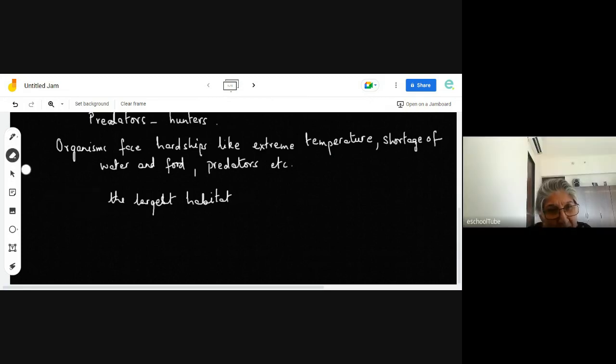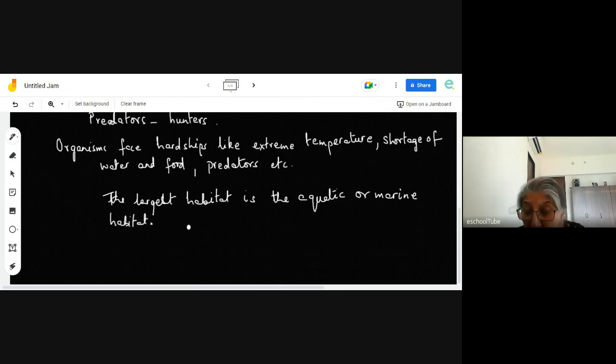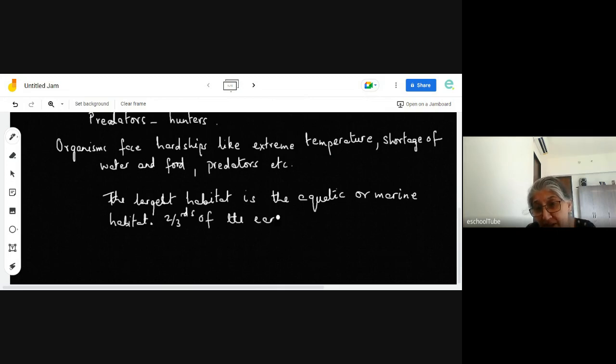So we'll just write, I'll not write the question. The largest habitat is the aquatic, or we also call it marine habitat. तो अभी तक हमने इतनी बार पढ़ा है, 2/3 of the earth is water.